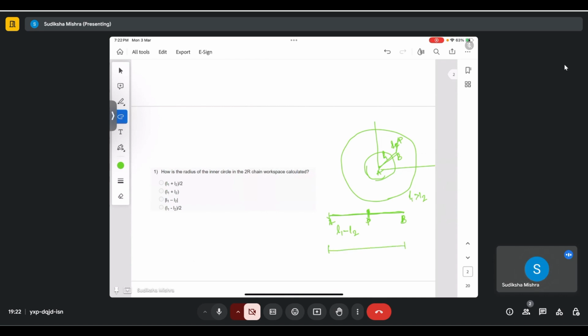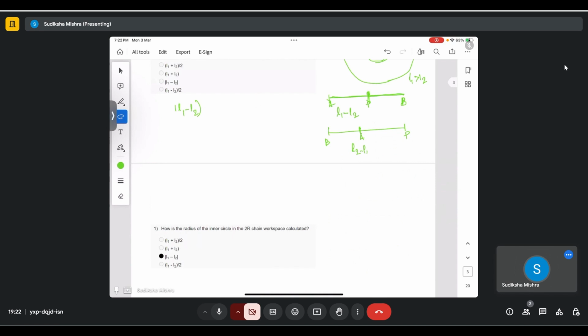Or in case BP is the larger arm, you get L2 minus L1. So the lowest radius that you will get is the modulus of L1 minus L2, which is this answer.